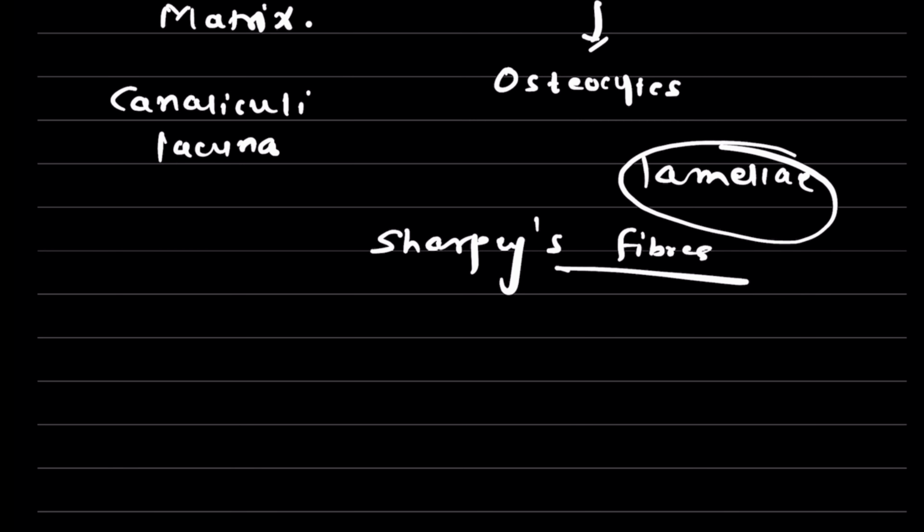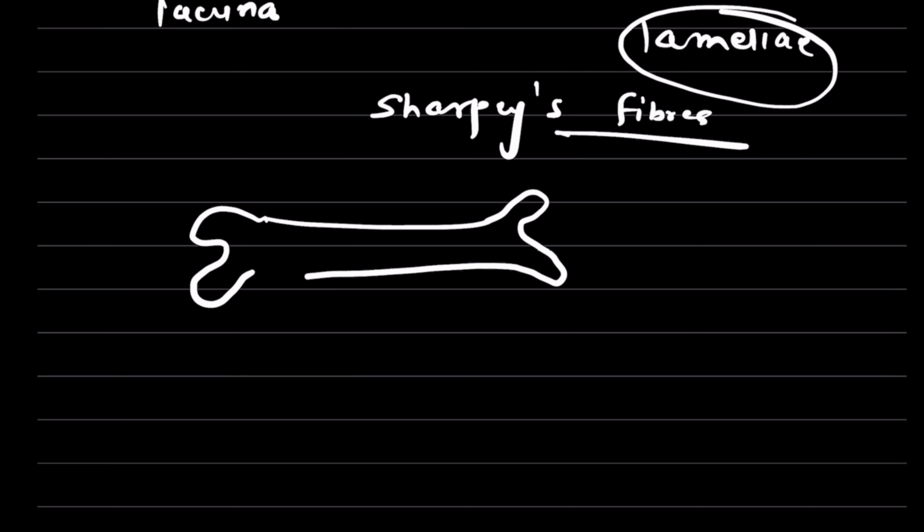Epiphyseal region of long bones are the sites for erythropoiesis, and they contain both yellow and red bone marrow. This is the horn-like structure, epiphyseal region. Clear? There we have red bone marrow, and it does erythropoiesis, that is RBC formation.